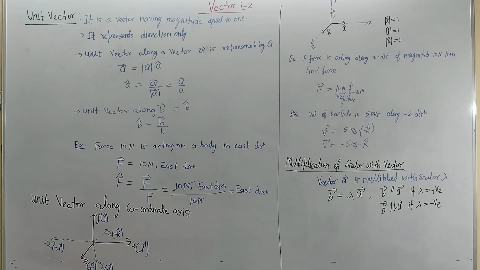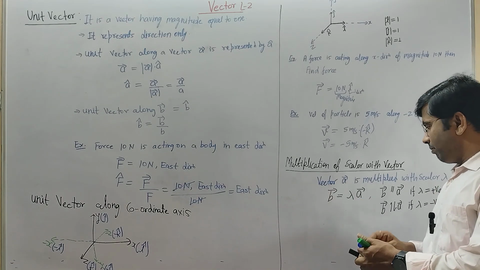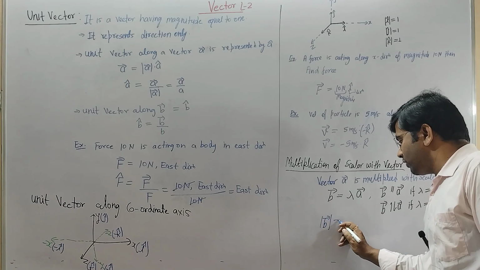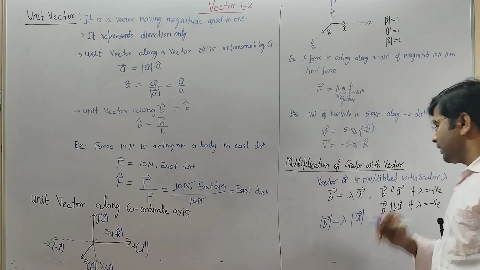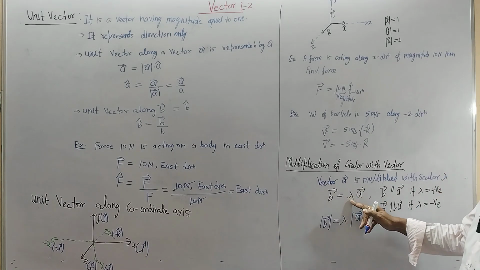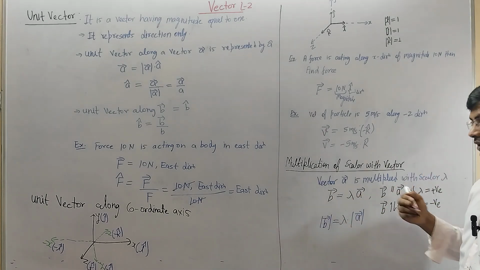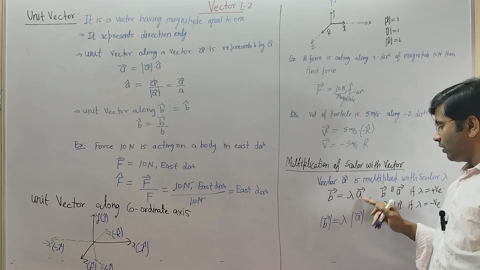Now magnitude of this vector b, we can write here magnitude of vector b. Magnitude means, it will increase by lambda times of magnitude of vector a. That means if you are multiplying by any scalar, that much time magnitude will increase. Okay, so here b will increase by lambda times of a.